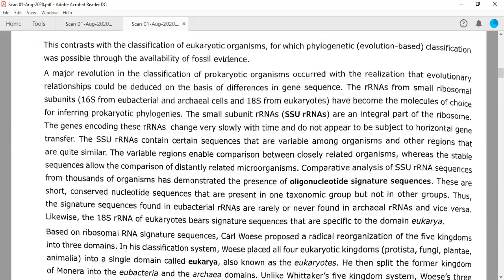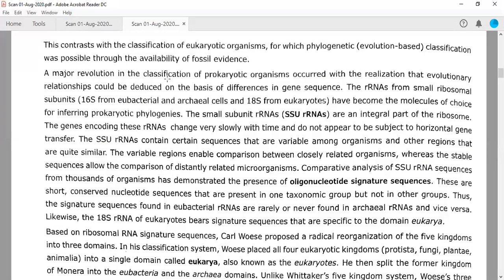So these fossil records or evidence are important if we want to give them classification depending upon their evolution. Now what is the solution to this particular problem if we do not have the fossil evidence?